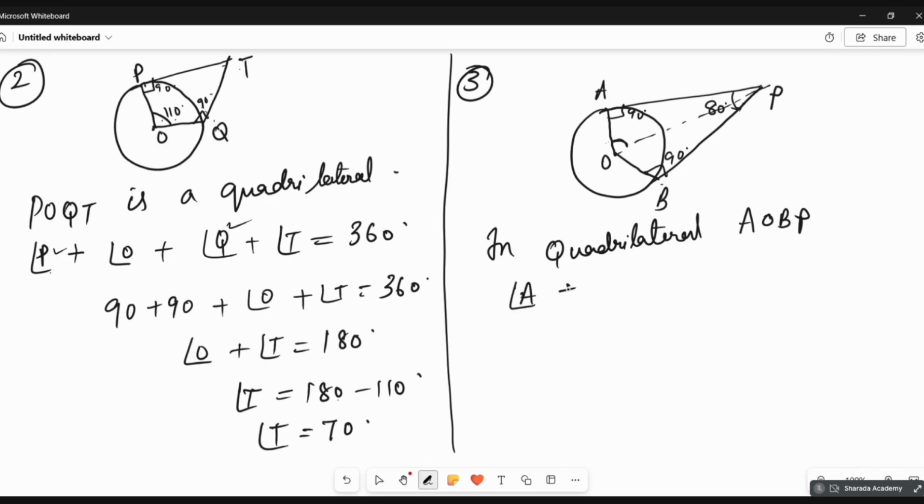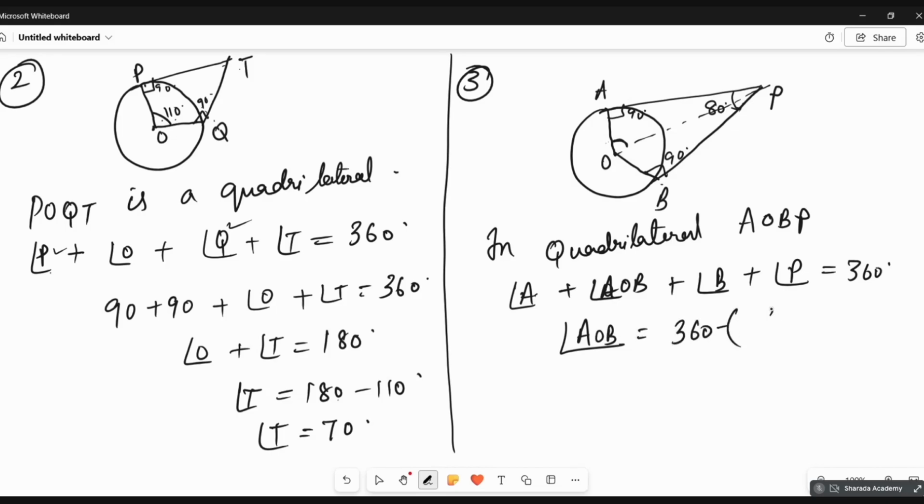Angle A plus O, or AOB, right? AOB plus angle B plus P is equal to 360 degree. So these two are 90 and 90. So AOB is equal to 360 minus of 90 plus 90 plus 80. What you will get? AOB is equal to 100 degree you will get.